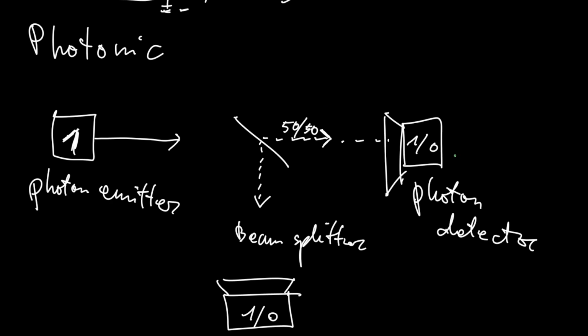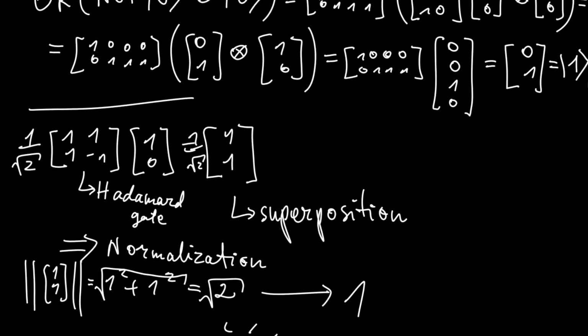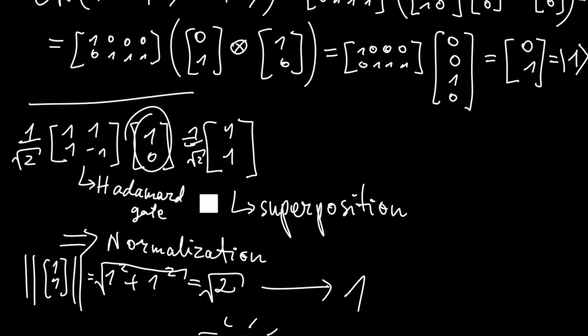And so yeah, this thing would be, in our example, the Hadamard gate, the H box. H, as we've seen above, takes some kind of number, 1 or 0, and it makes a superposition between 0 and 1, 50-50 chance.